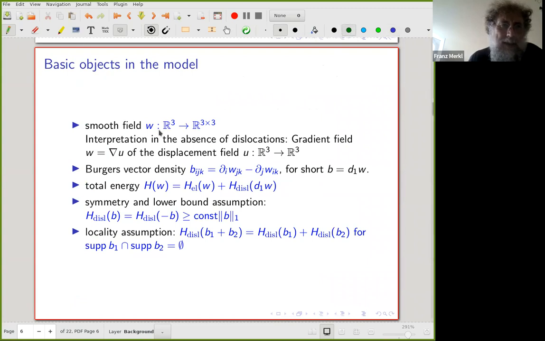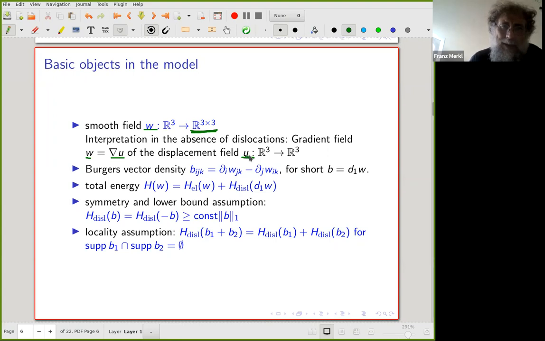So first, we describe the orientation of the crystal in linearized theory by a field W, which is 3 by 3 matrix valued. So in the absence of dislocations, you could think of W as just the gradient of the displacement field.